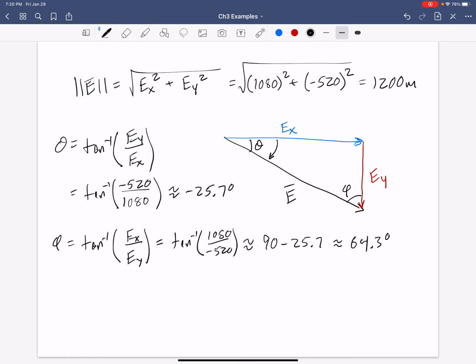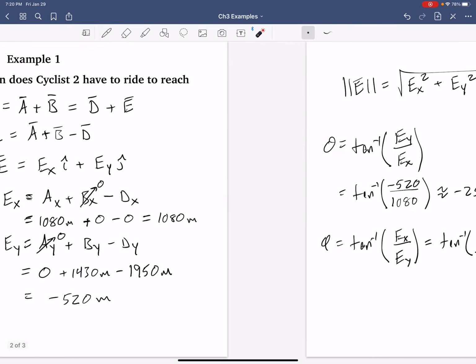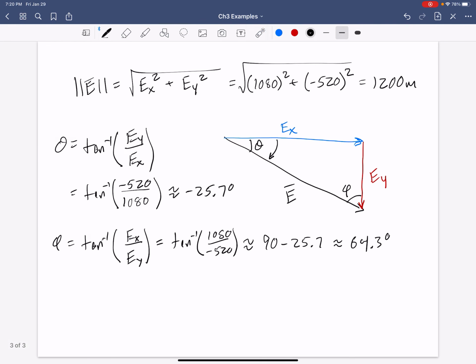that's kind of a weird spot to do it, because remember in the diagram here, the cyclist was starting at this location and going this way, right? So the 64.3, I guess, would be this angle here. So this would be the phi there.